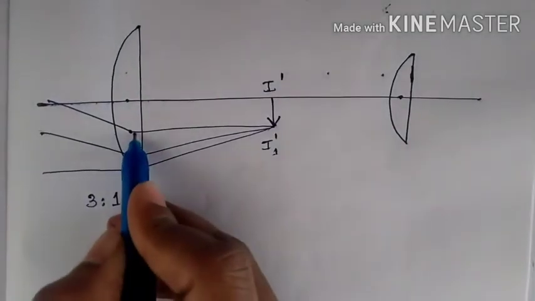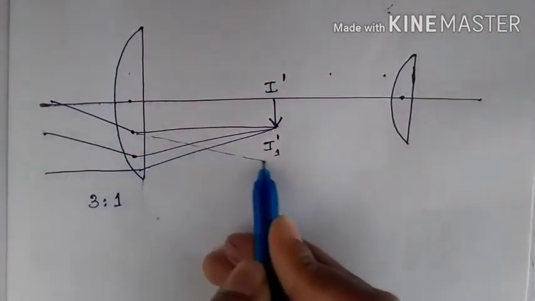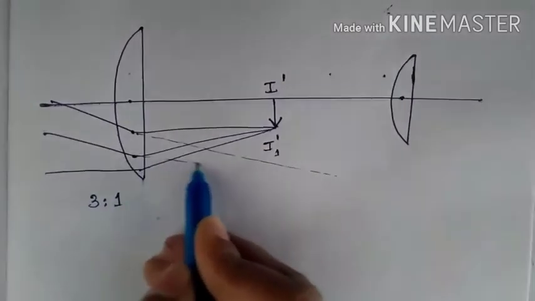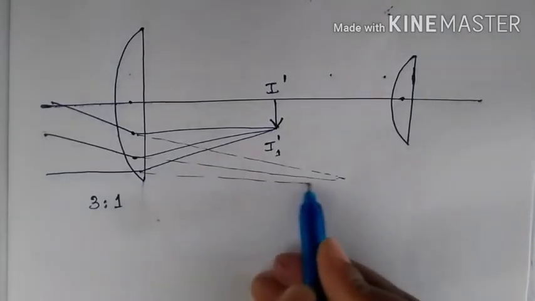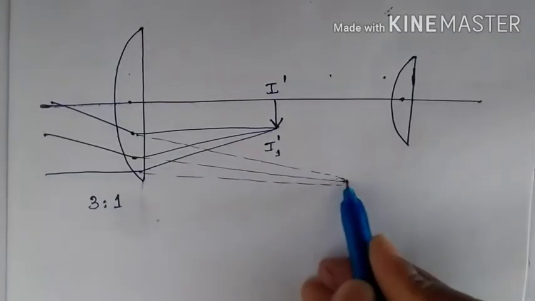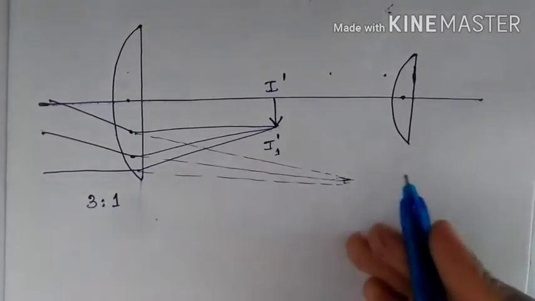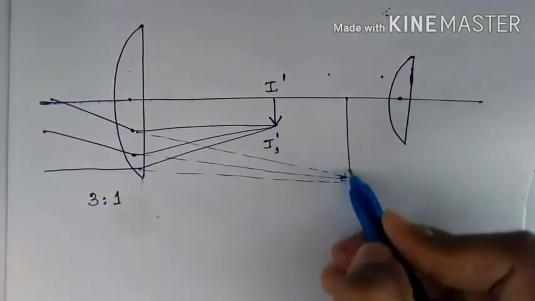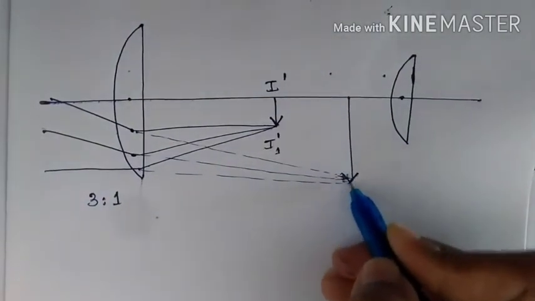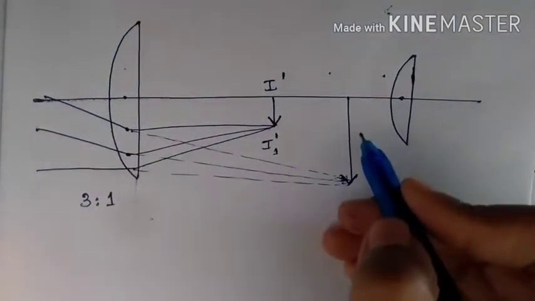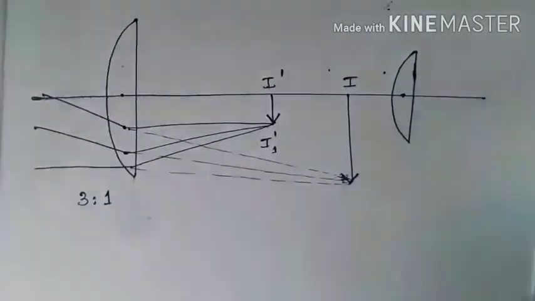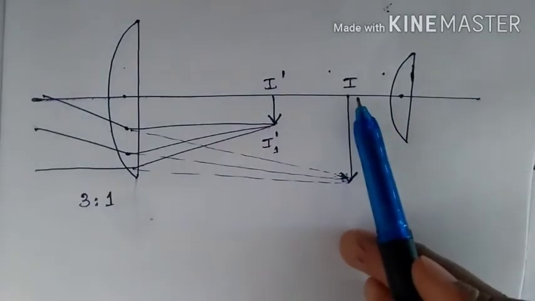Now if you extend the three rays, then these three rays meet at a point and there forms the image of the objective lens. So this is the image of the objective lens.